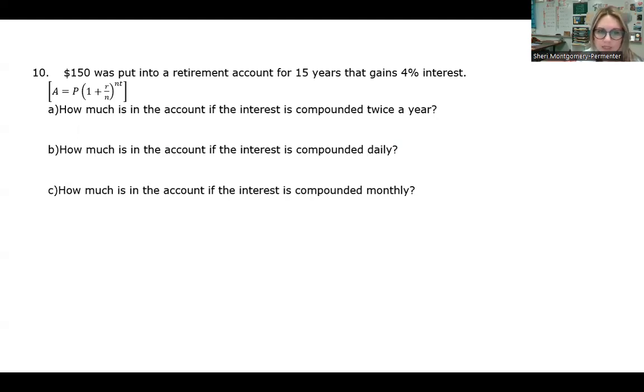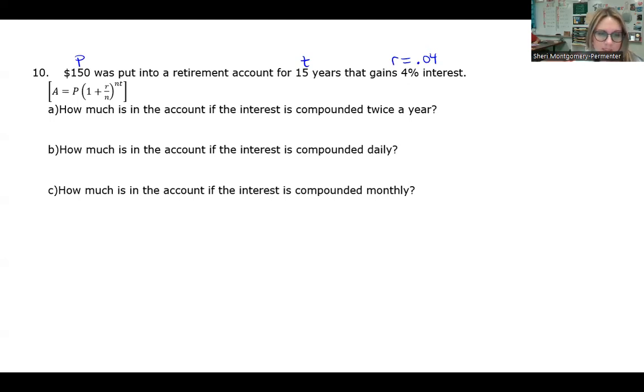So for our formula, 150, that's our principal, or that's what we're putting in. We have 15 years, so that's our time. And 4% interest, that's our rate, but we need to change it to a decimal. What's 4% as a decimal? 0.04.